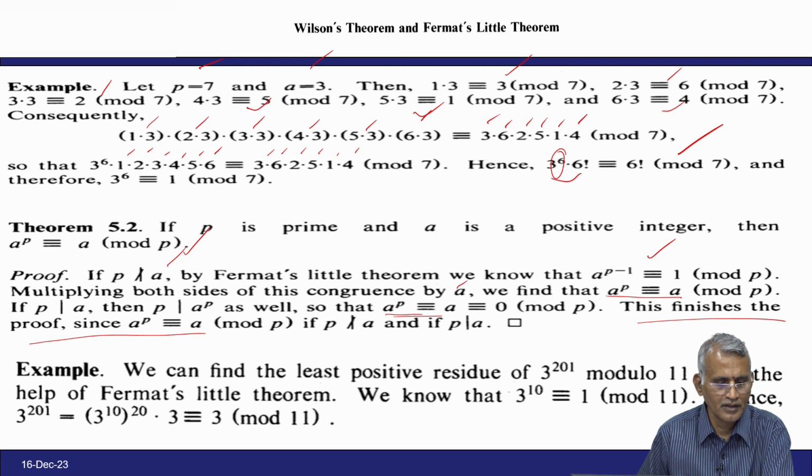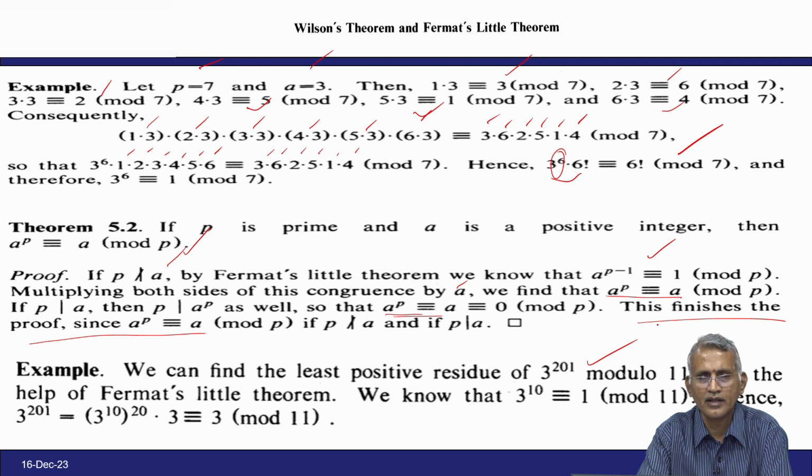For example, we find the least positive residue of 3 power 201 under modulo 11 with the help of Fermat's Little theorem. We know that 3 power 10 is identically equal to 1 under modulo 11.